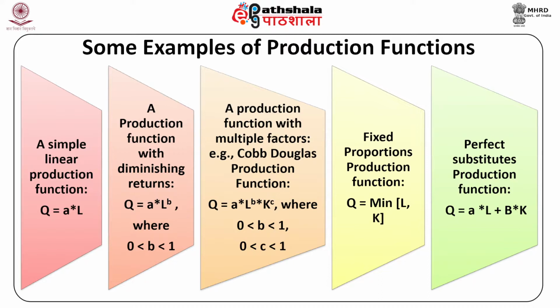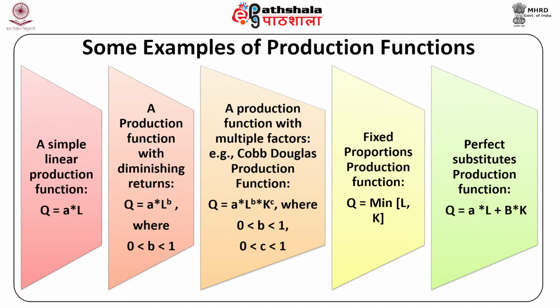C, a production function with multiple factors, for example, the Cobb-Douglas production function, Q is equal to A star L^B star K^C, where 0 is less than B less than 1, 0 is less than C less than 1.